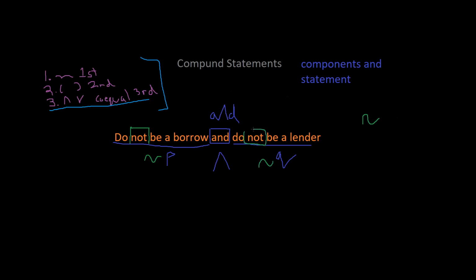So we broke down our statement, or we could say compound statement, right? Because it's two separate components, P and Q, or statements, or phrases. You know, we could go on a long list of how to say it. Let's carry on. Negation P and negation Q.